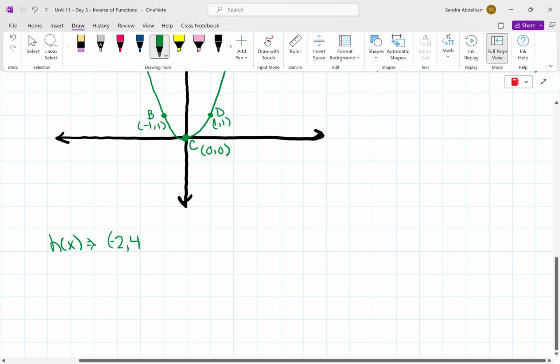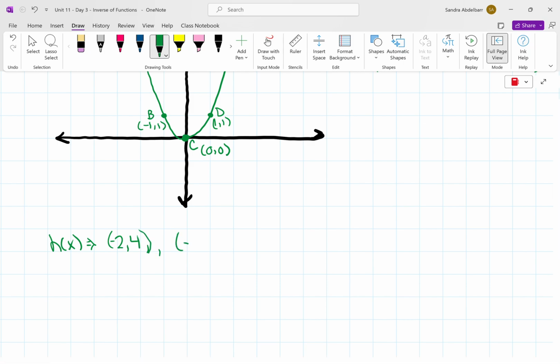So we have -2, 4. We have -1, 1. We have 0, 0. We have 1, 1. And we have 2, 4. Those are some of the points.